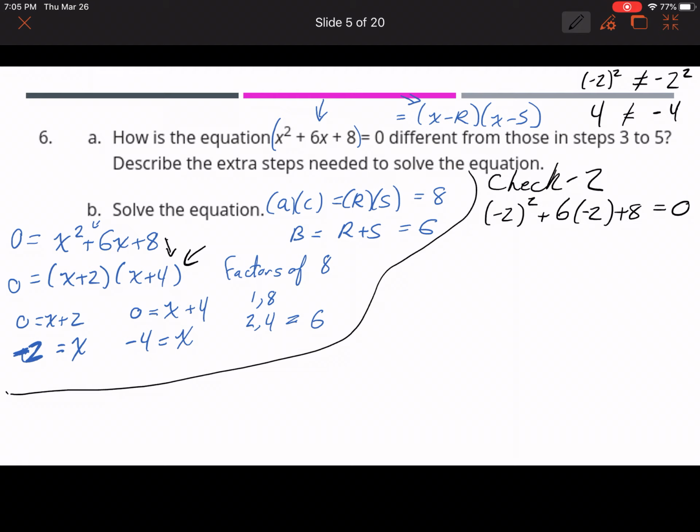That's how you're getting a wrong answer if you are using your calculator: you're not putting brackets before your exponent. So (-2) squared is 4. 6 times -2 is -12, plus 8. And if we put those all together, we end up with 0 equals 0. Check -4.